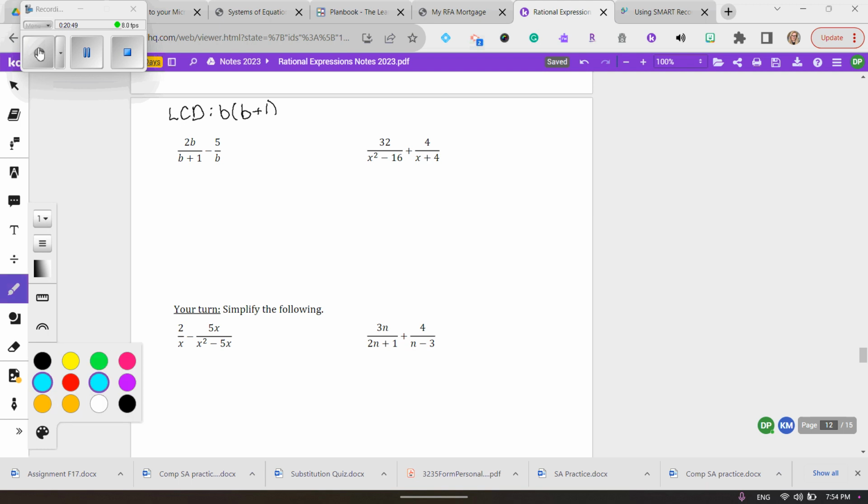So the first fraction needs to be multiplied by b. You're starting to see a bit of a pattern. We're always going to multiply by the opposite denominator. And this one here needs to be multiplied by b plus 1.